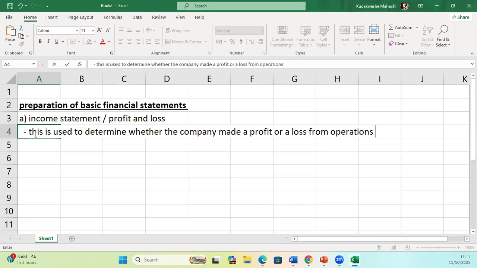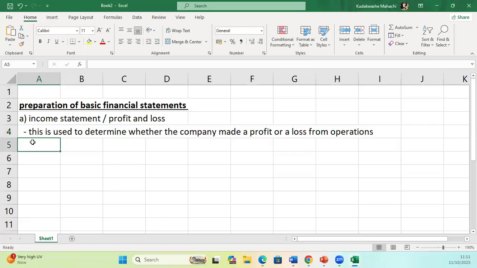As we operate, we are going to be buying and selling. We need to determine at the end of the period, are we making profits? So we prepare the income statement to determine whether we've made a profit or a loss from trade.